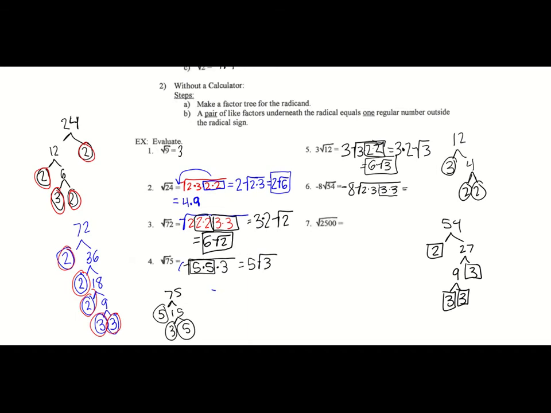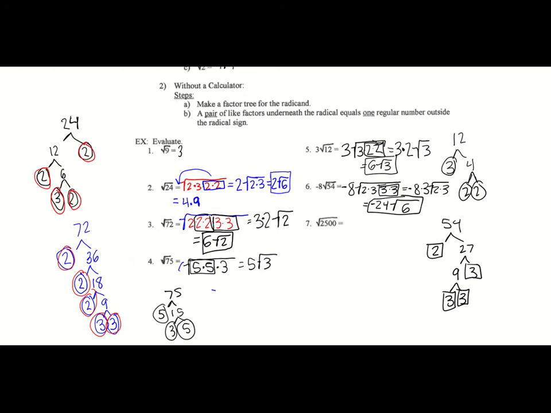I've got a pair of 3's under here. So that pair of 3's becomes 1 3 when I bring it outside. And then I still have a 2 times 3 underneath. Now I have negative 8 times 3, which gives me negative 24. And then under that square root, I have 2 times 3, which gives me 6. So this is my answer for number 6.